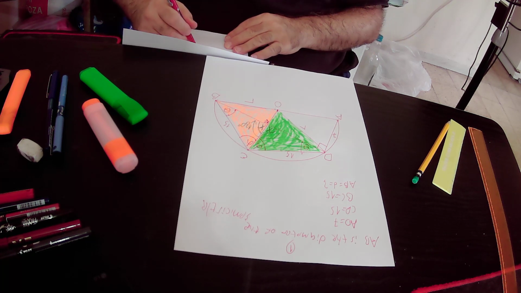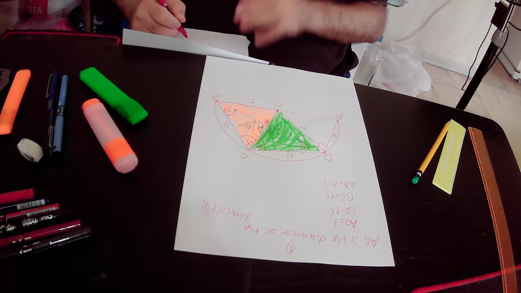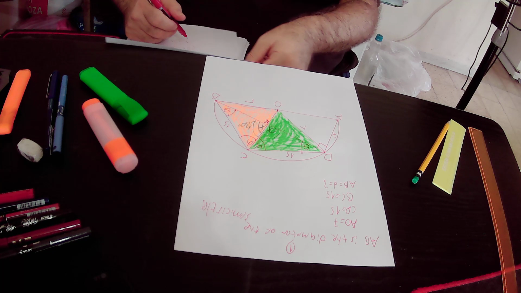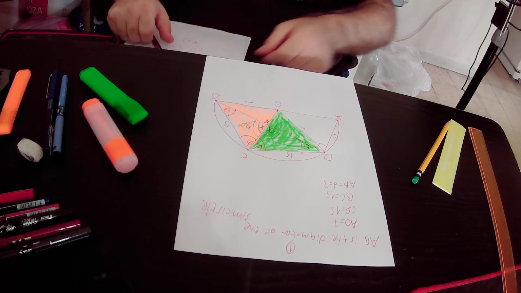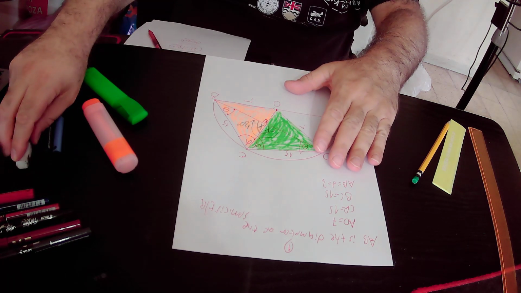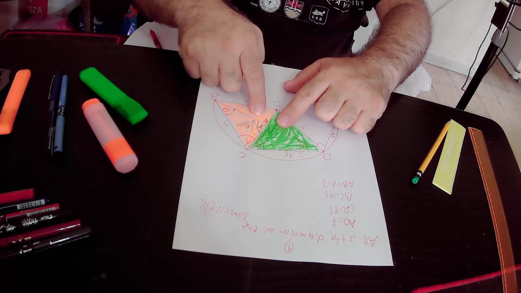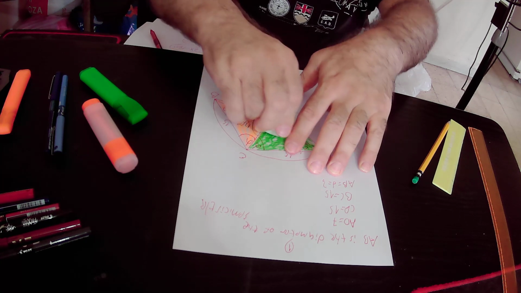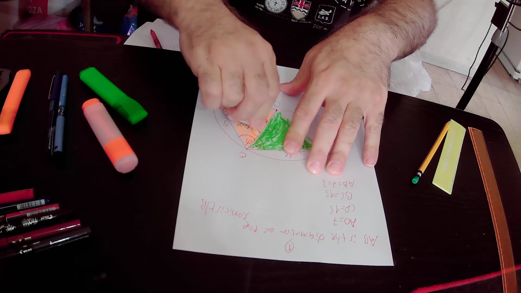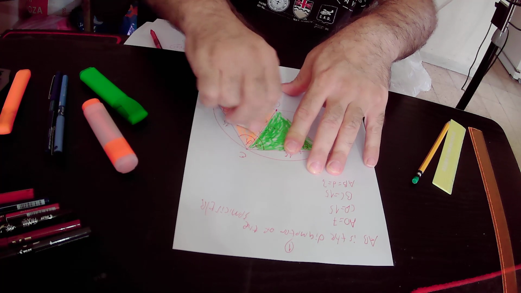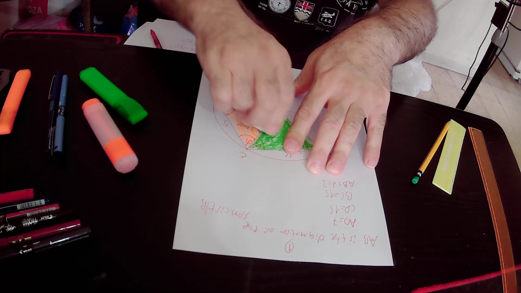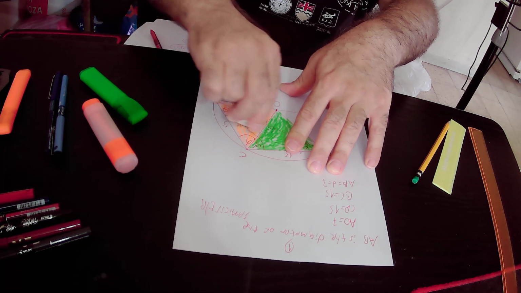So x is a right angle. Here we can substitute x by 90 degrees. We have two angles that are equal to x, so we have two right angles. So we can write down that x equals 90 degrees.